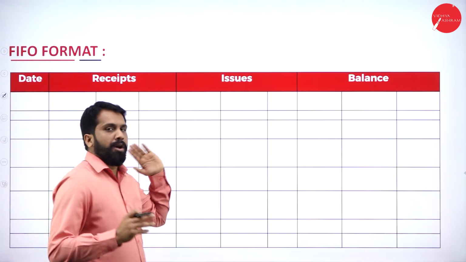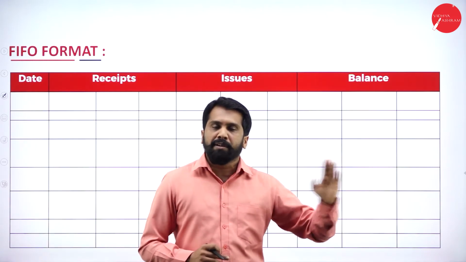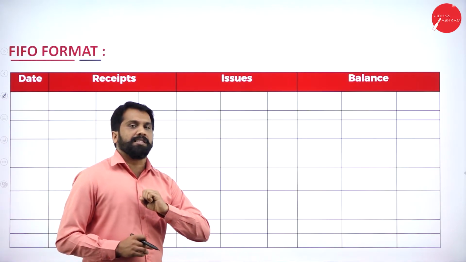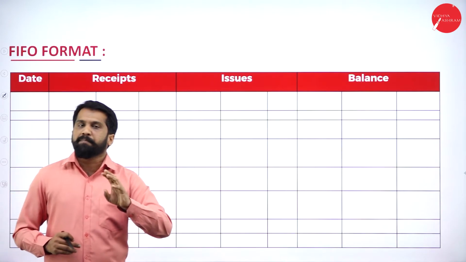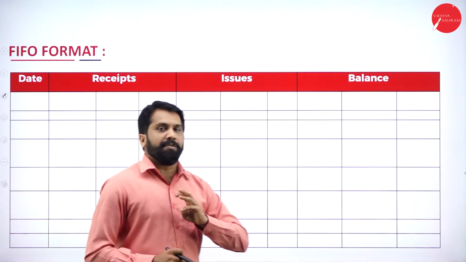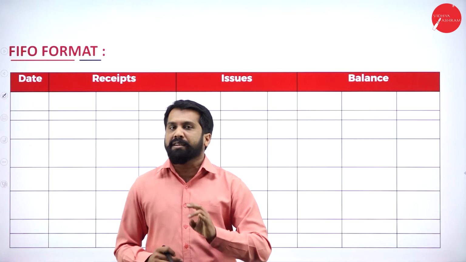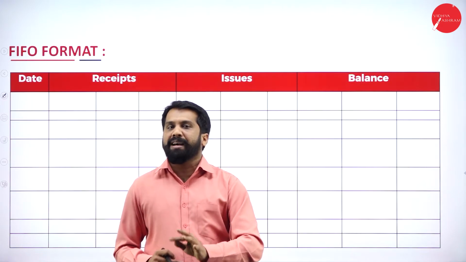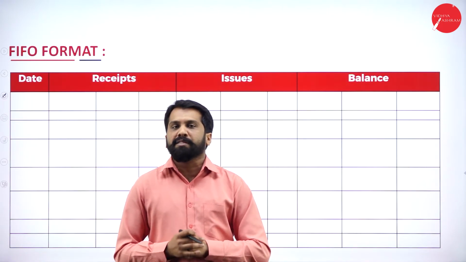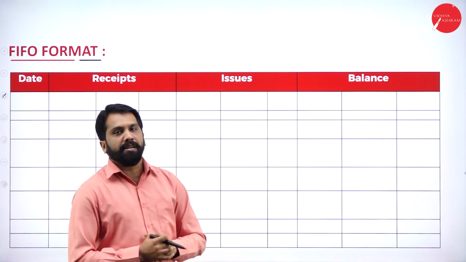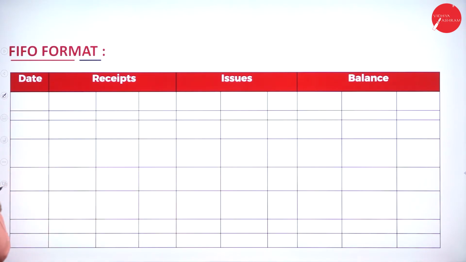Very simple, easy to remember. Which are the columns? Without seeing the board, you have to say now. Close your eyes. First one will be date, second one receipt, third one issue, last one balance. So almost 50% of the format you have learned. Clear? Yes. Now continuation.